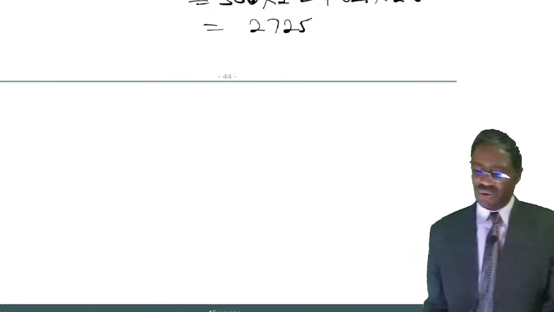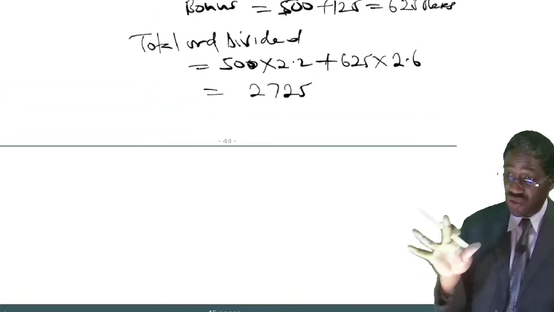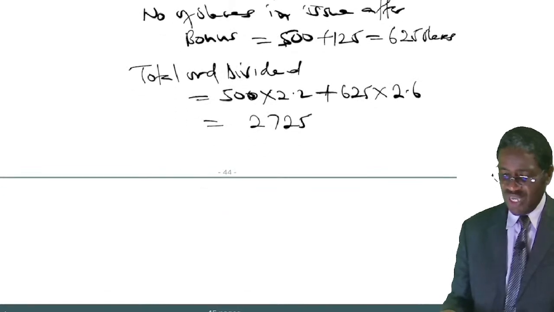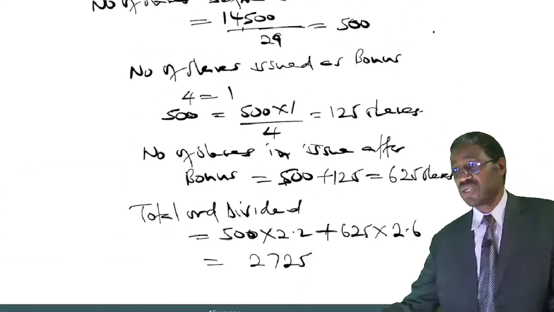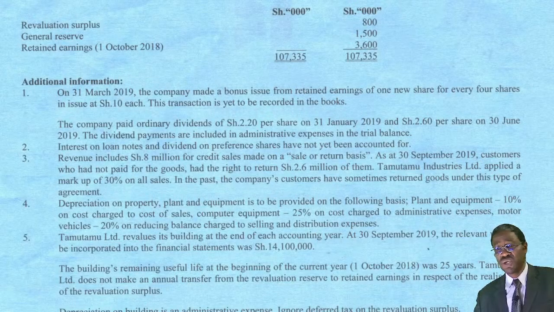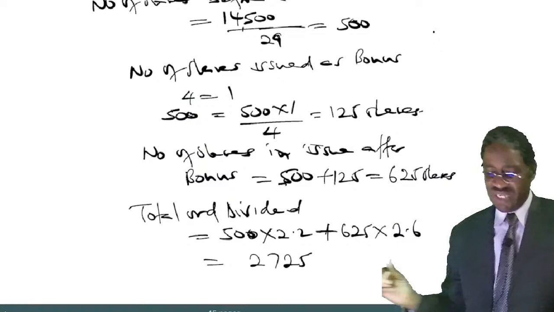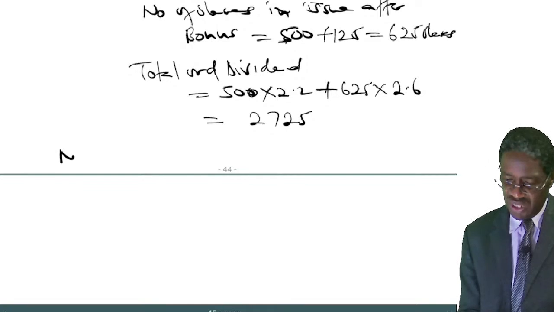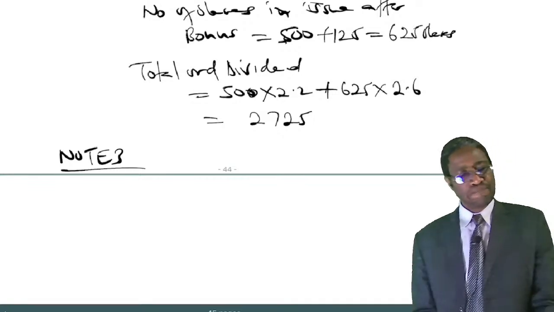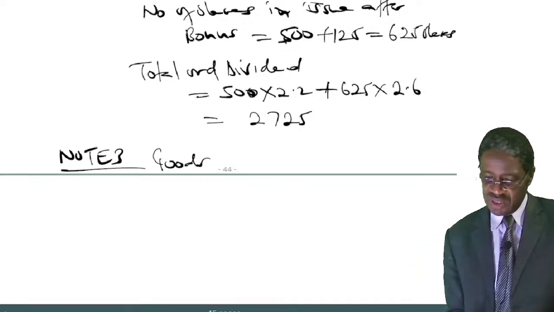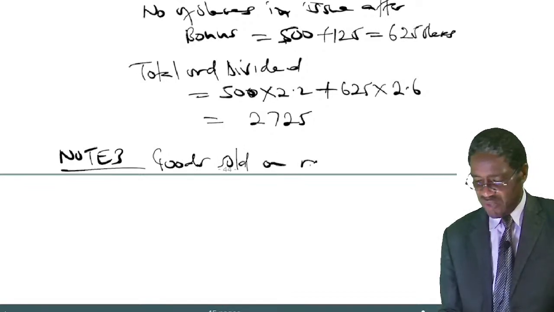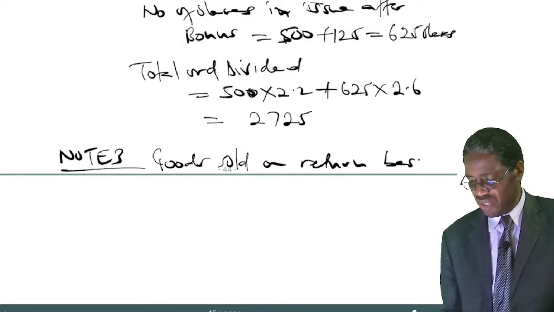But before we calculate the cost, let's put down the reversal entry for the sale. So write somewhere, we are dealing with note number 3. Let me just remind you so that when you are revising, you know we are dealing with note number 3. So you can put down somewhere, note 3, which you are calling goods sold on return basis.